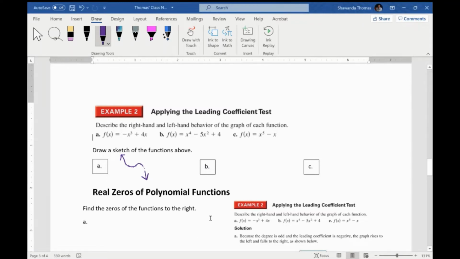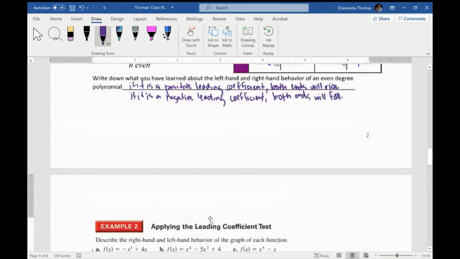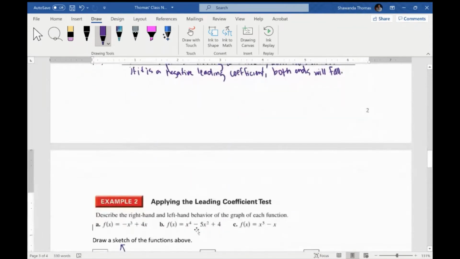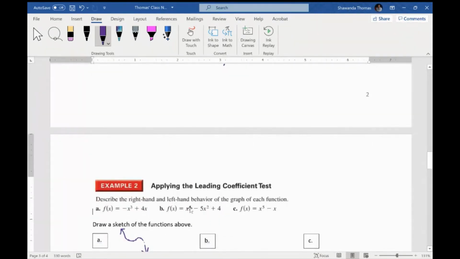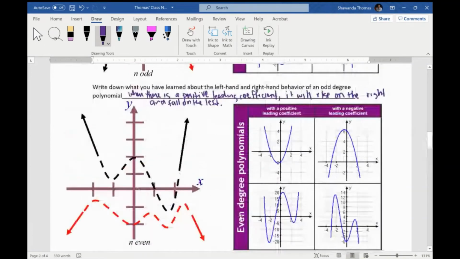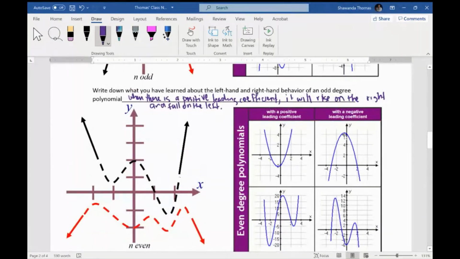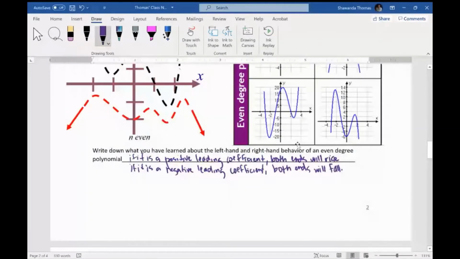We're not catching something. All right, again, what's the degree of B? It's 4. Is that an even or odd number? It's an even number. So it's going to resemble one of these tables. If it's a positive leading coefficient, you'll notice both ends will rise. Y'all get it?